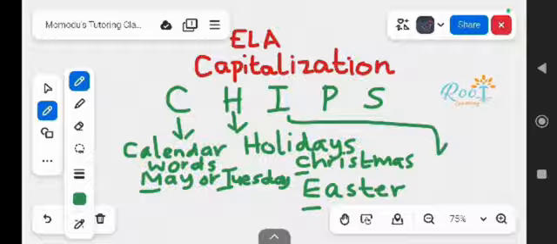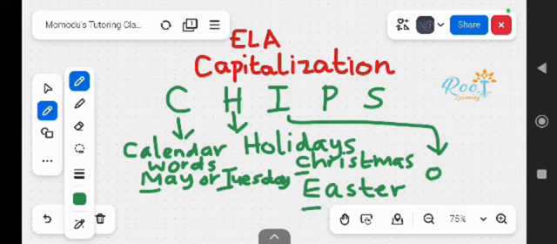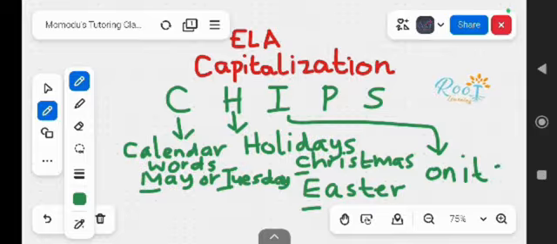Now, I is unique on its own because the letter I is capitalized when it stands alone. I on its own is capitalized.